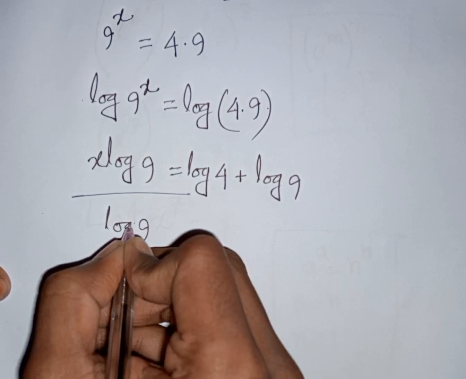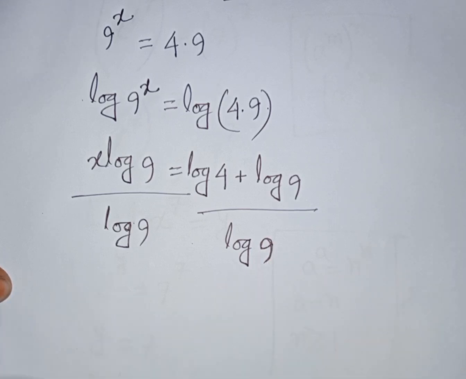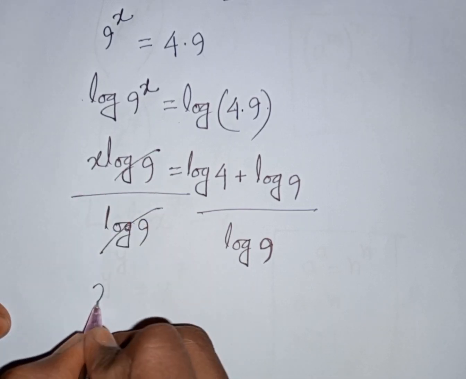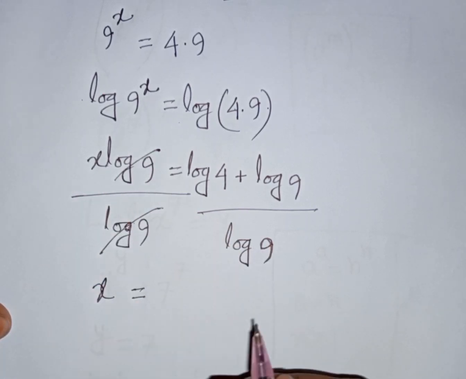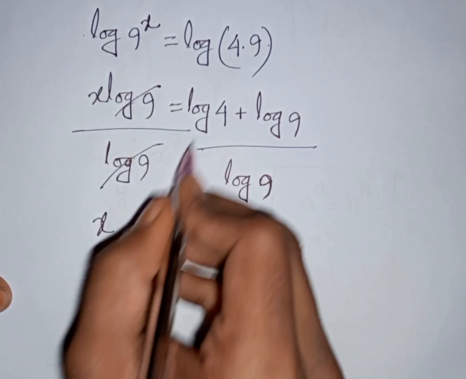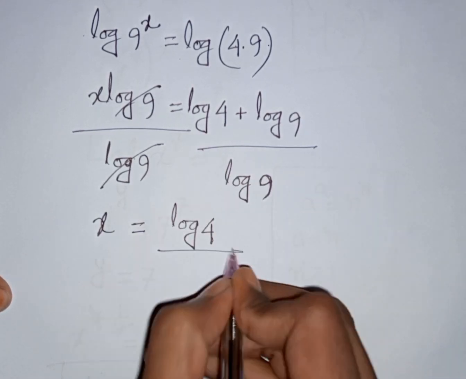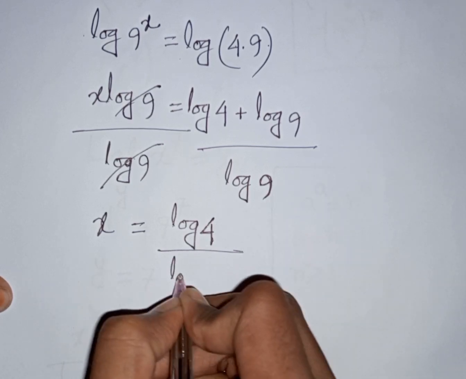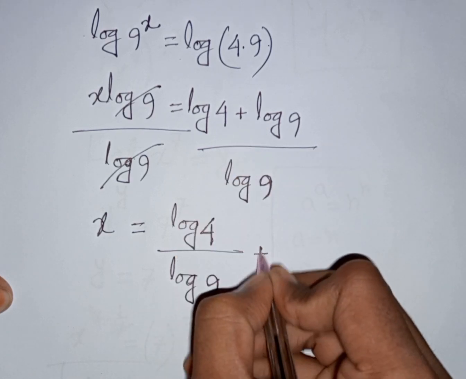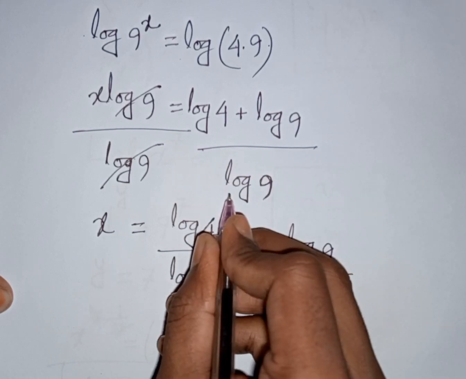Now we see this log 9 will be cancelled, so here x will be equal to log 4 over log 9 plus log 9 over log 9.